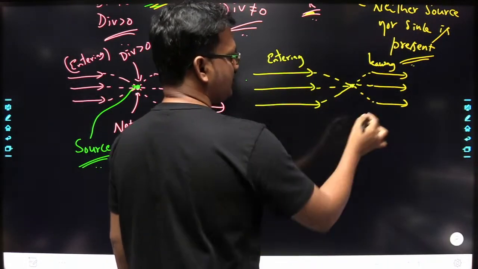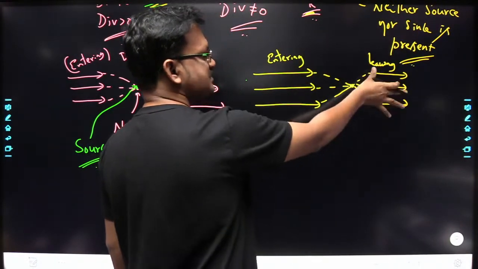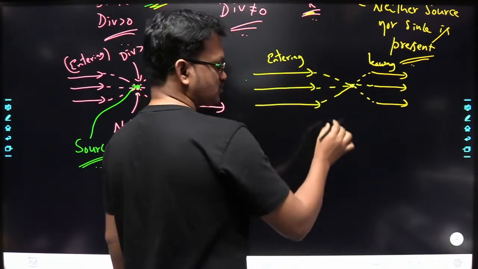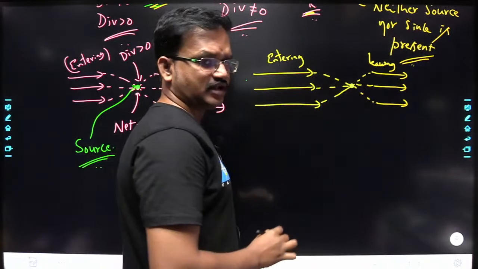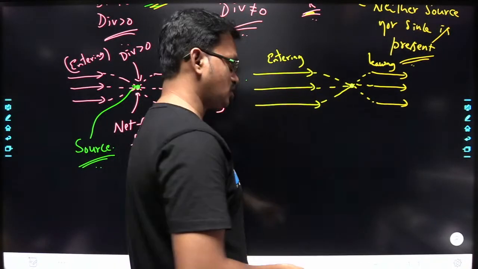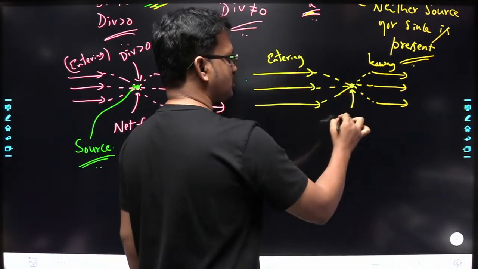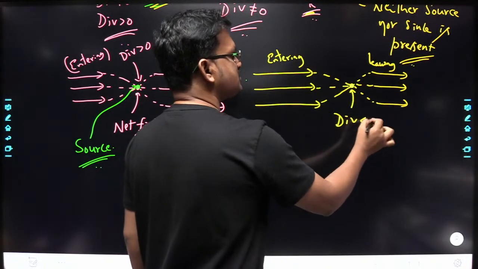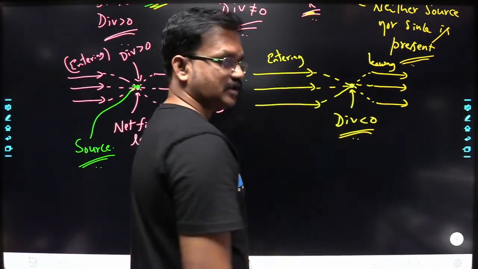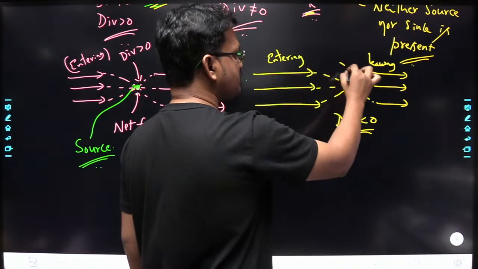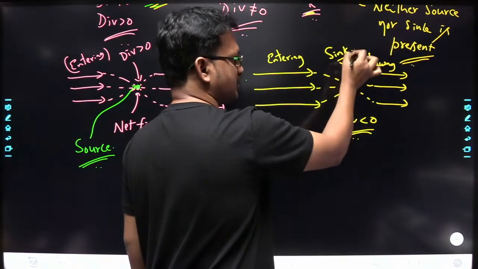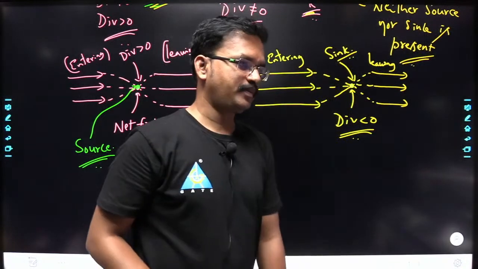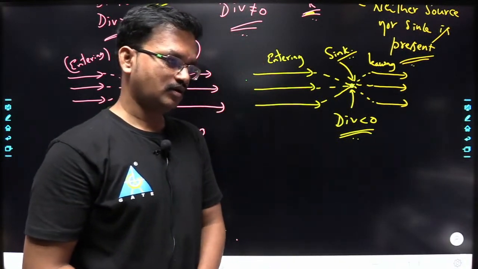Here leaving field is lesser than your entering field. So that means net field that is leaving from this point is less than 0. So at this location you are going to get what? Divergence less than 0. So what must be present at this location here? At this location sink must be present. Yes or no? Right?